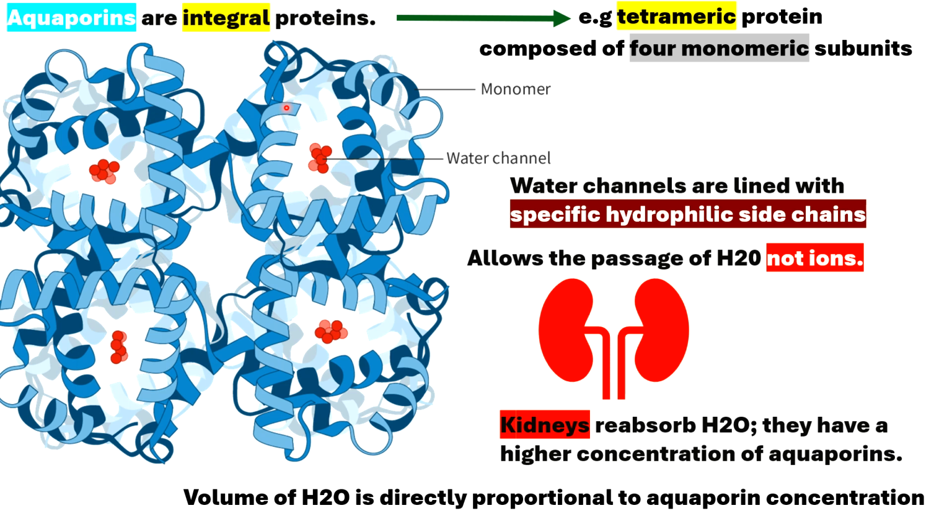So on the sides, there are these chains which are hydrophilic, meaning that they interact with water. Just look at the name, aqua, and this is literally screaming that their function is to allow the passage of water. They don't allow the passage of ions, but they allow the passage of water.